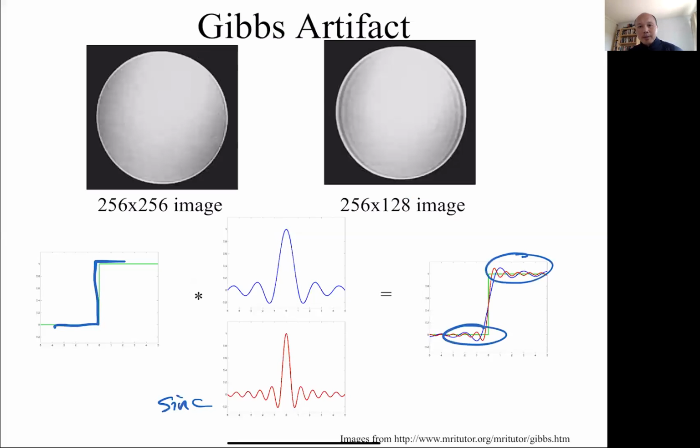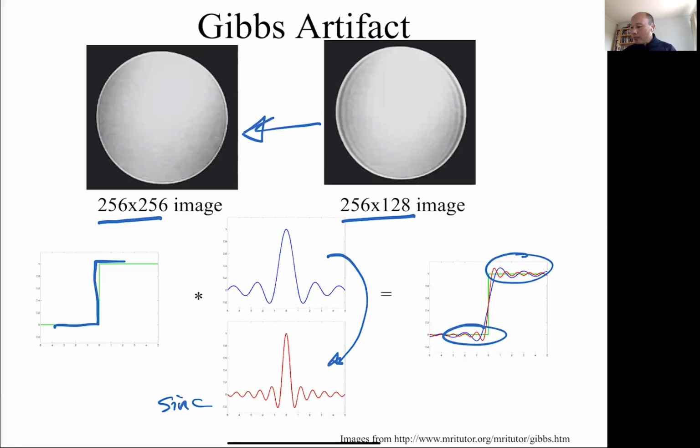But for now, we're going to talk about very basic image reconstruction: what would you do, given what we know now, to reduce those ripples. One thing you could do is go from a fat sinc to a much narrower sinc. So at least those ripples would die out much faster. For example, here you can see going from a 256 by 256 image to 256 by 120 images, where we've increased the resolution going from here to here.